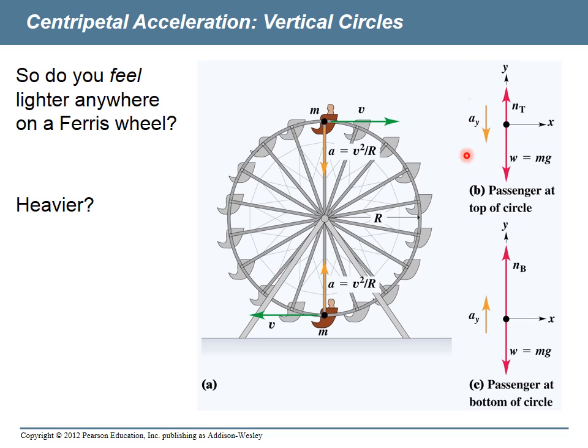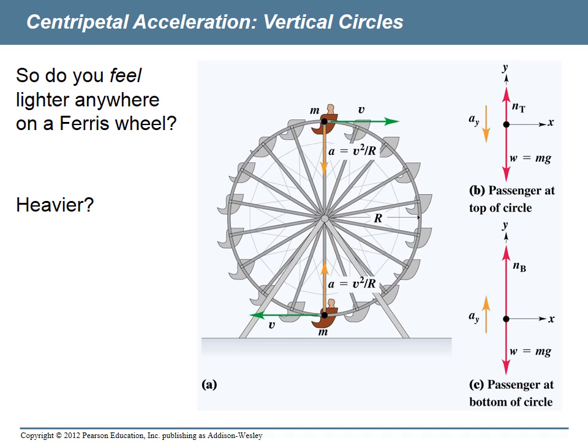So if v squared over r was equal to 9.8 meters per second squared, then my normal force at the top would be 0, because that's exactly what gravity is giving me. So I don't need any sort of normal force whatsoever, right? If this needs to be 9.8 meters per second squared and this is 9.8 meters per second squared, then this would be 0.